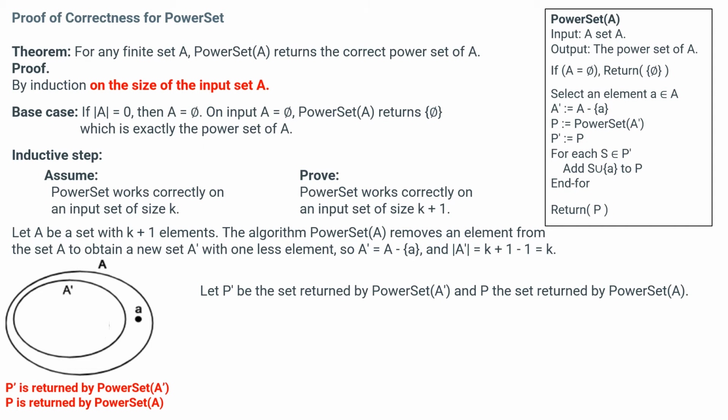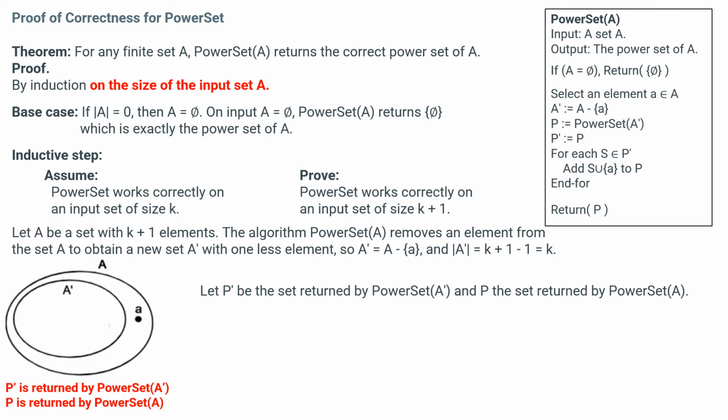So once something gets removed, then we get something returned, and that ends up being the power set of what we just worked with. Okay, so P prime is not necessarily the power set, because we haven't proven that yet, but we're going to say that P prime is whatever gets returned when we put in A prime, okay?